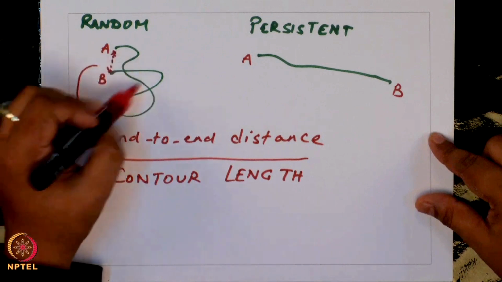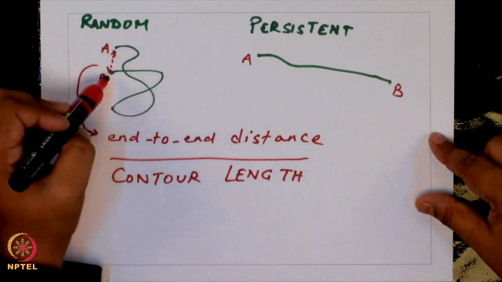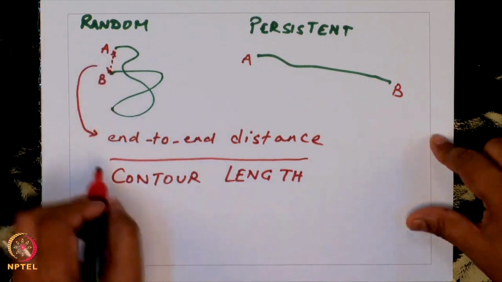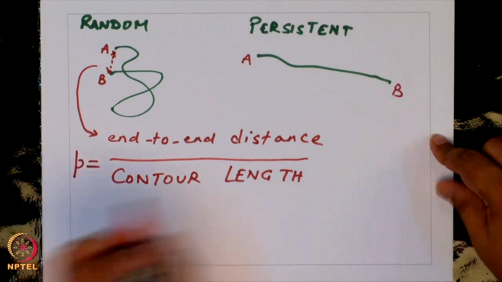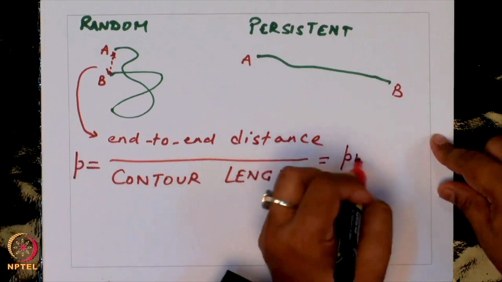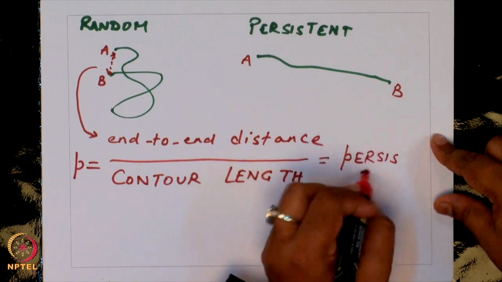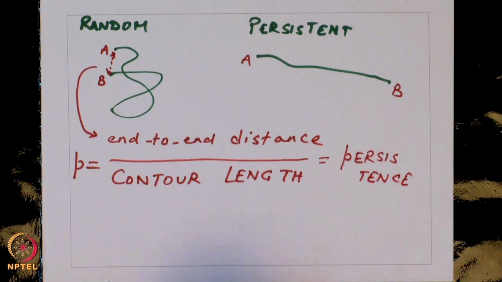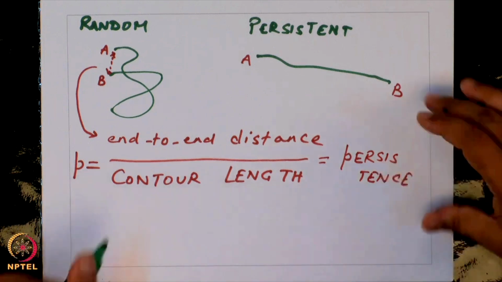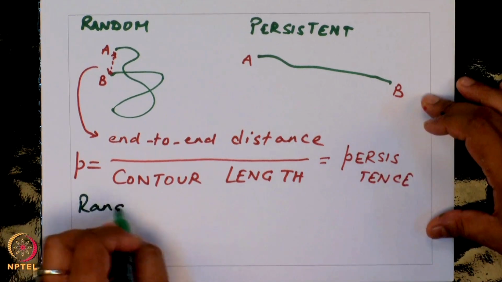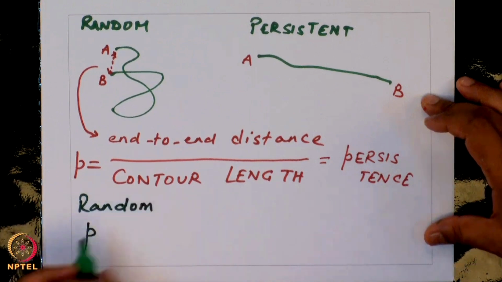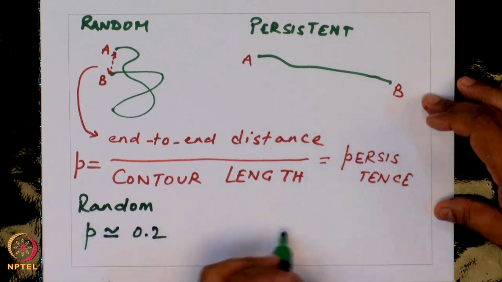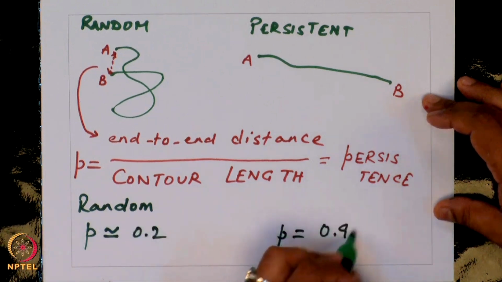In this case the total distance, or the contour length, is significantly higher compared to the end to end distance. So, this ratio, which I call P, is defined as a metric of persistence. For random migration you will get P approximately equal to 0.2, whereas in this case P will be 0.95.